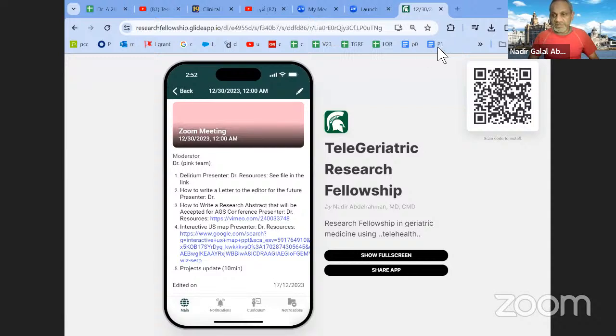The link is on the chat, but basically they want you to work on something related to their themes.